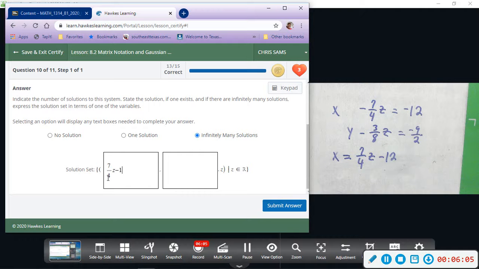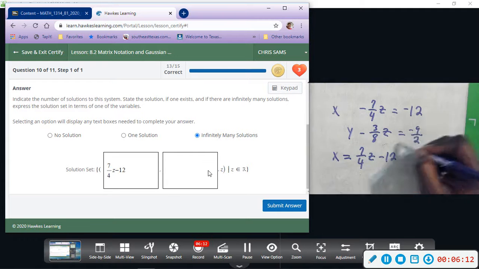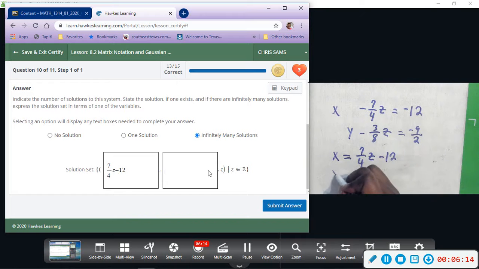Minus 12. And then over on this box, we're going to do the same thing with y. So I just have to add this 3/8 z over to the other side. So we get y equals, this will be a positive 3 over 8 z, and then minus 9 over 2. And you don't have to combine those, you can leave it like that.